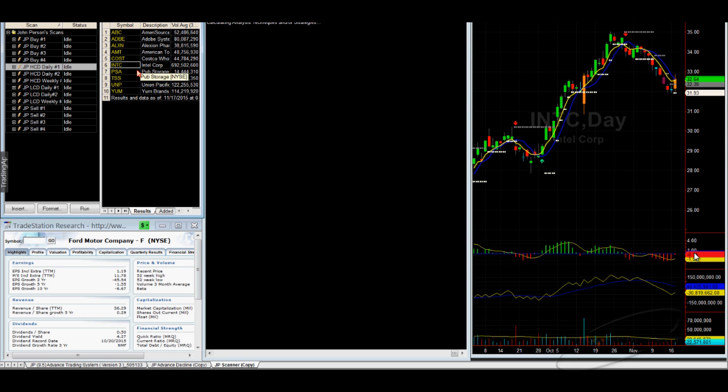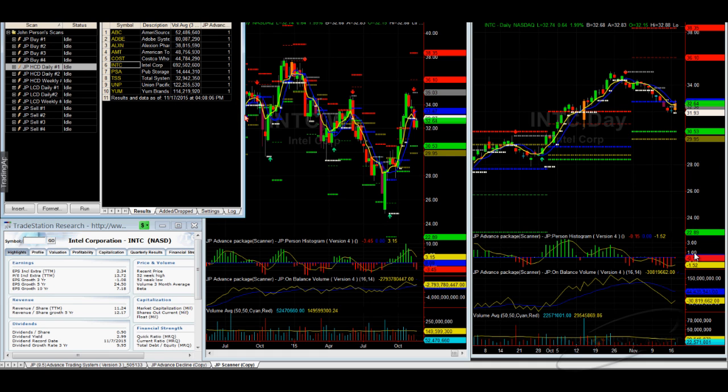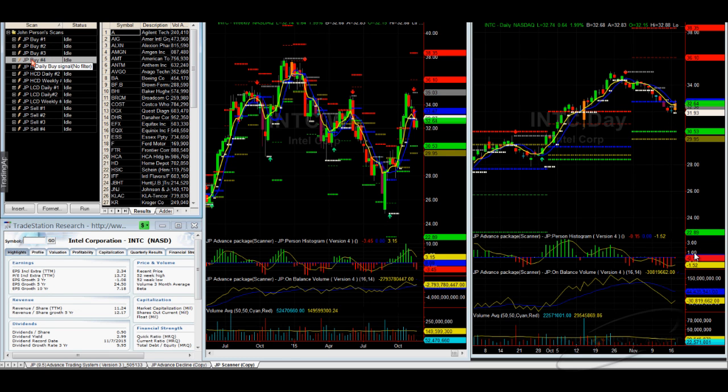So for example, I'm just going to selectively look at a couple of the scans that I just ran for us today. The first and foremost one is this buy number 4.